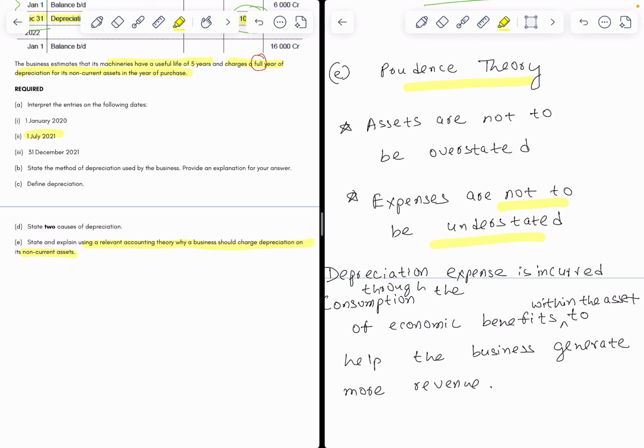And then you use the sentences that I've used in terms of how this works out in the sense of not overstating the cost value of the asset and not understating the expense value of the consumption, okay? So that's what will get you full marks, simply.